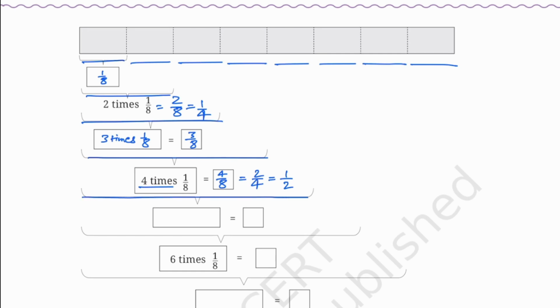5 times 1 upon 8 is 5 upon 8. Similarly, 6 times 1 upon 8 is 6 upon 8, can be written as 3 upon 4.